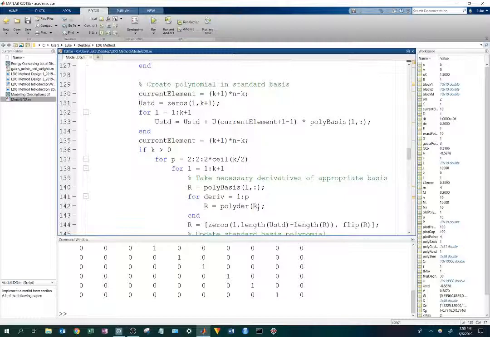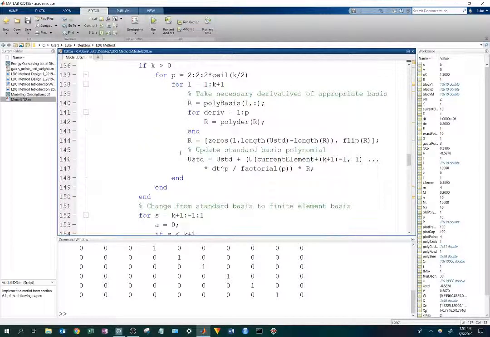And so that's what this weird chunk of code is doing here, this if k greater than 0. This is still in the phase where you're constructing the polynomial itself in the standard basis.